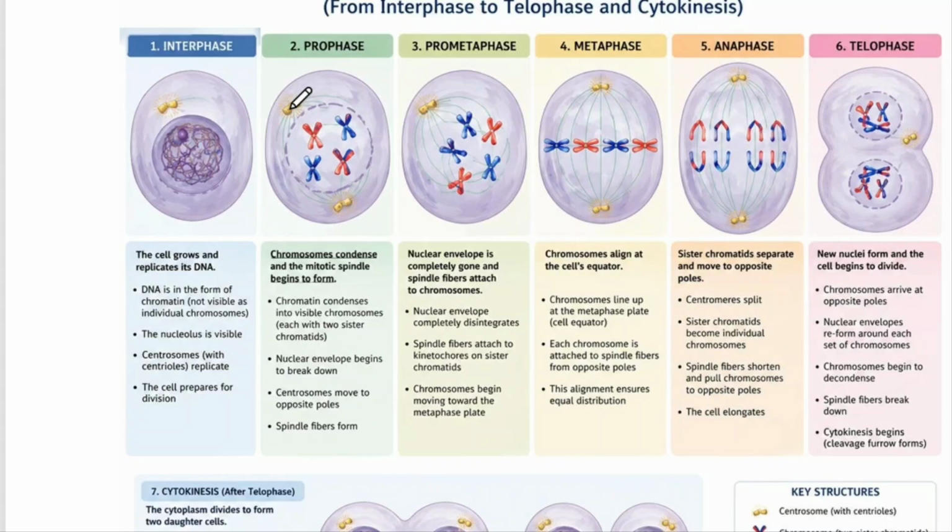This is the centrosome, this is a visible chromosome, and this is the nuclear envelope.